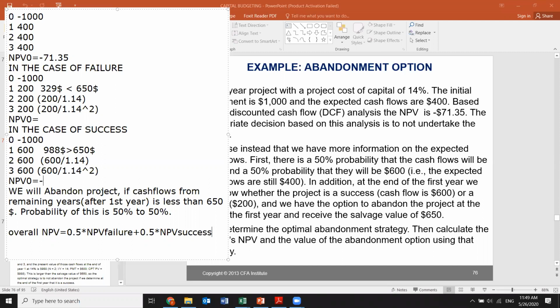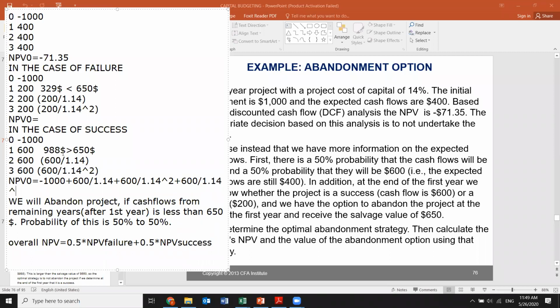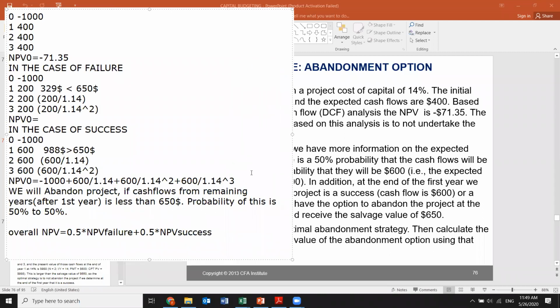Like minus $1,000 plus 600 over 1.14 plus 600 over 1.14 to the power 2 and plus 600 divided by 1.14 to the power 3, okay? And this all equals $393. This is our NPV for success case, okay?